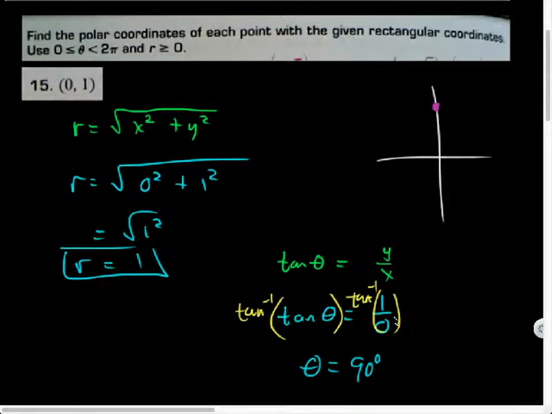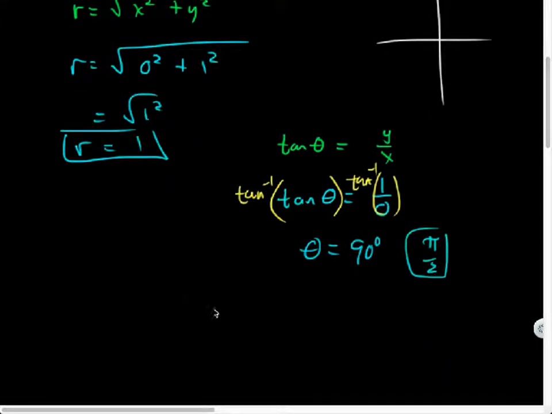Let me try that right now. 1 divided by 0. It says error, divided by 0. It can't get past it. But it turns out that theta is equal to 90 degrees, or I guess here they specified that it should be radians, so better yet, theta is equal to pi over 2. So my (r, theta) is going to be (1, pi over 2), like so.